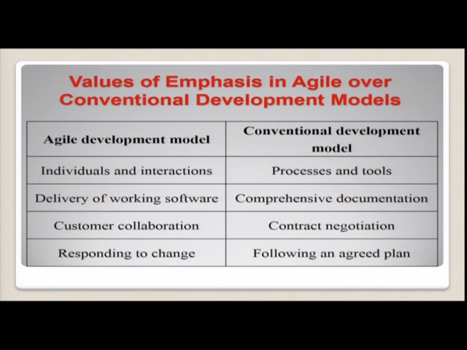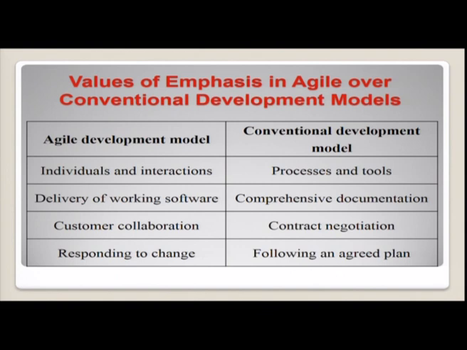Then, as far as the delivery of working software is concerned, here we work based on small releases, small deliveries, small increments, and small feature releases. So it is based on the delivery of working software.